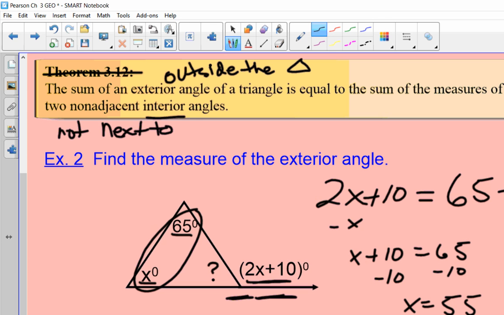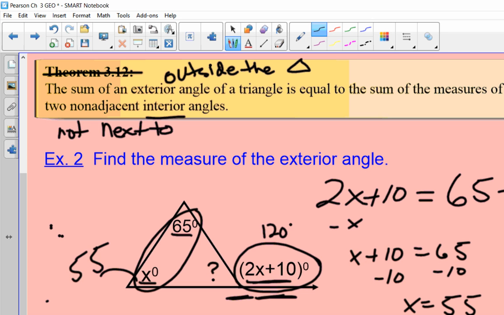So that means this angle is 55, right? But I need to probably find this angle too, right? So 2 times 55, plug that in. I get 110. And then 110 plus 10 is going to give me that this angle is 120 degrees.